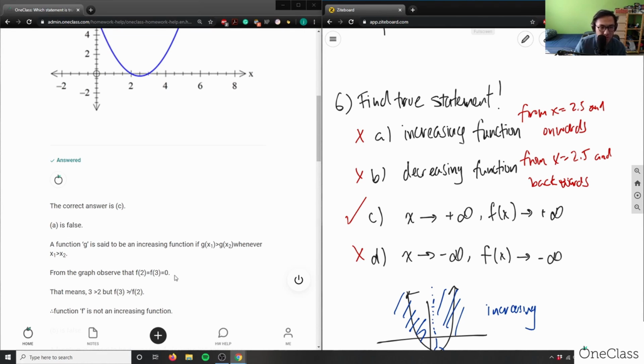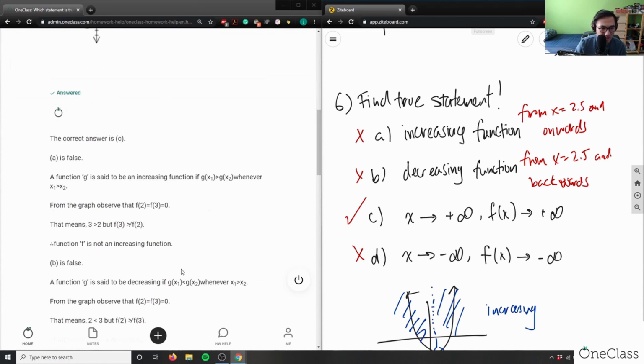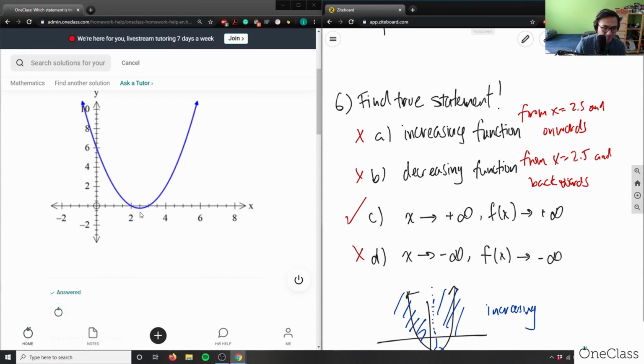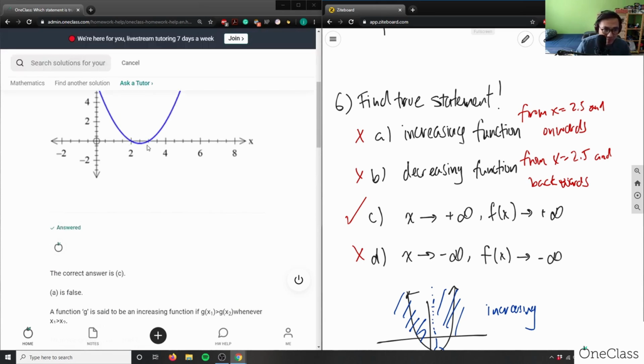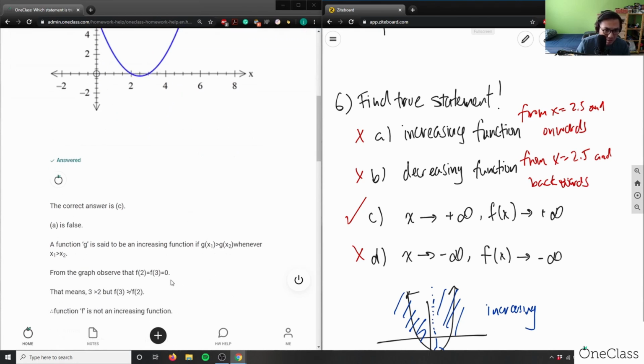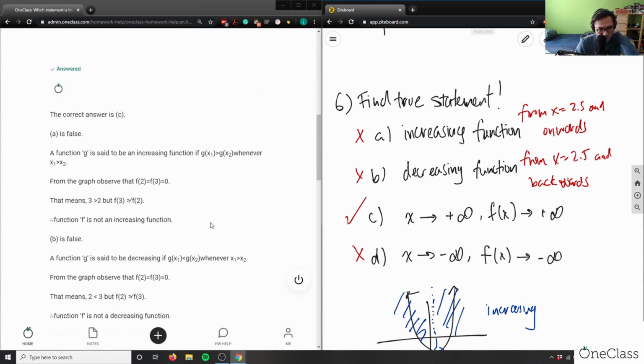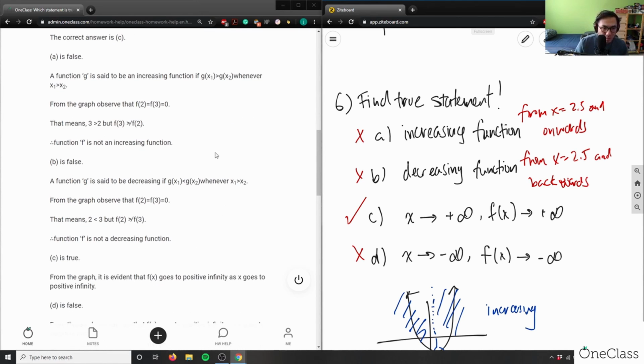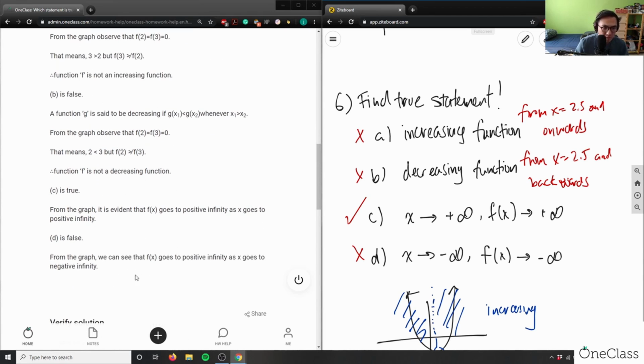That means 3 is greater than 2, but f of 3 is not greater than f of 2. Both of these are 0, but 3 is greater than 2, so it's not an increasing function. The function g is said to be increasing whenever this condition is met, and they're doing the exact same thing. Okay, so C is true, D is false.